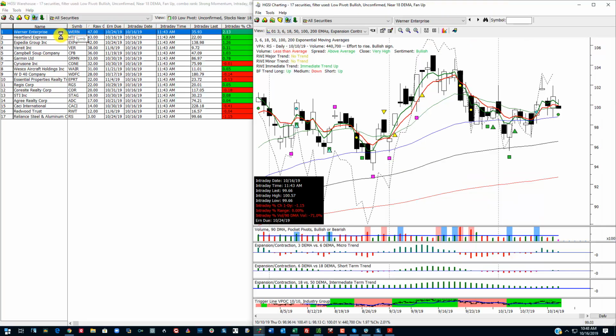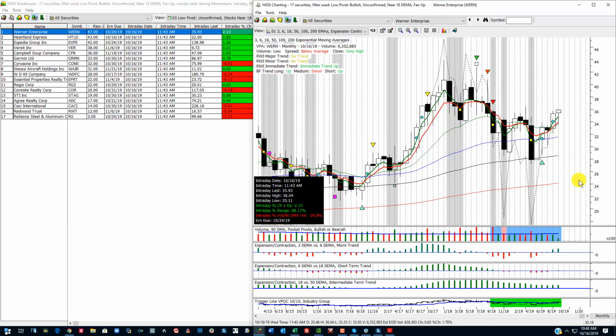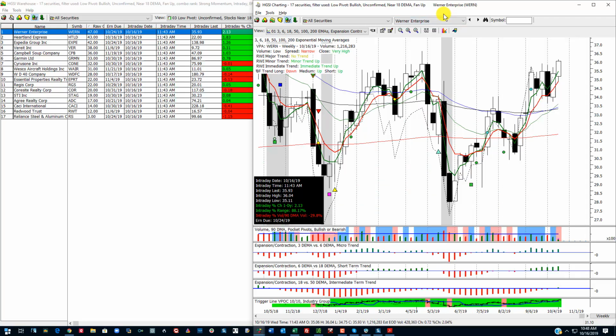Let's take a look at Warner Enterprise. There's two trucking stocks back to back here. Warner is looking very good. Here's the 18 here. Here is your pivot. Here's the buy point, and Warner is on the way. I'm going to change this to a monthly chart by going with alternate M. And it is not out to an all-time high, but let's take a look at the weekly chart.